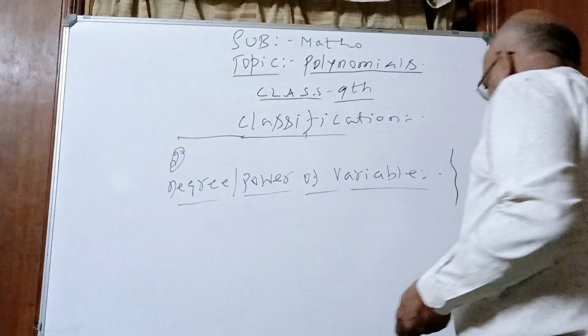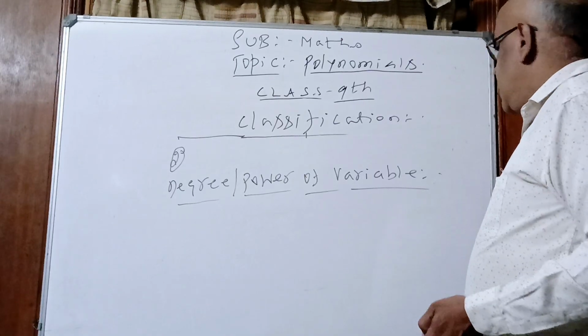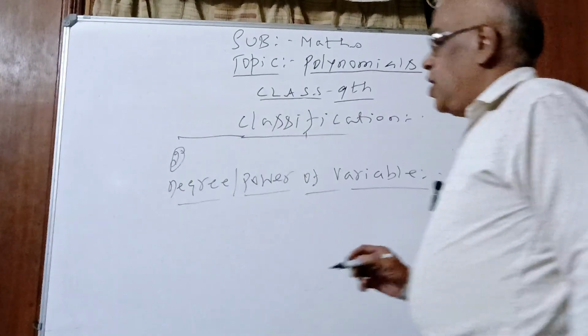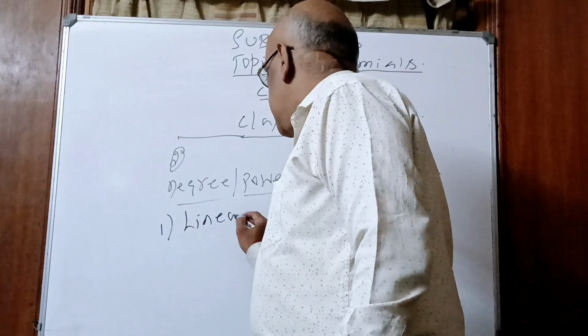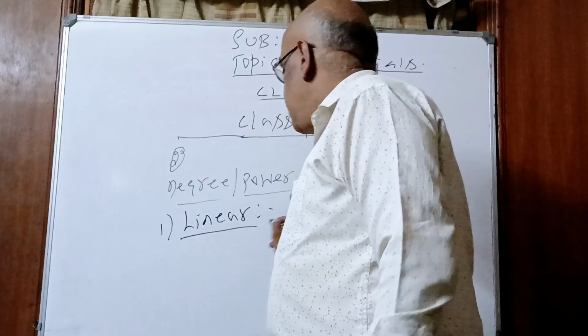Based on degree or power of the variable. Again, polynomials are classified into how many types, children? Linear. What is linear polynomial?